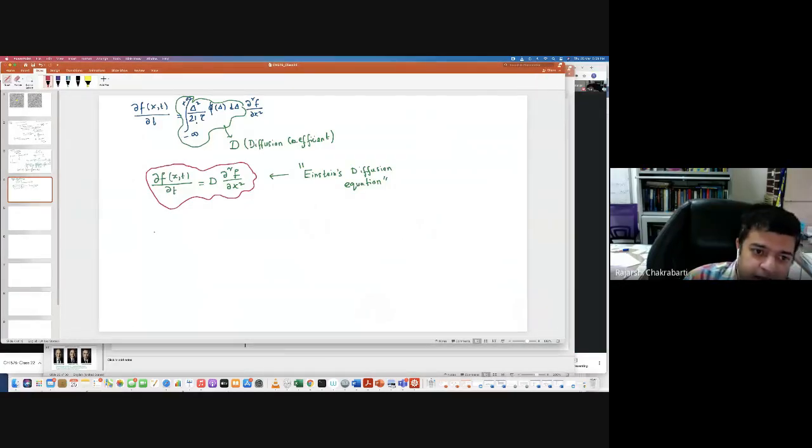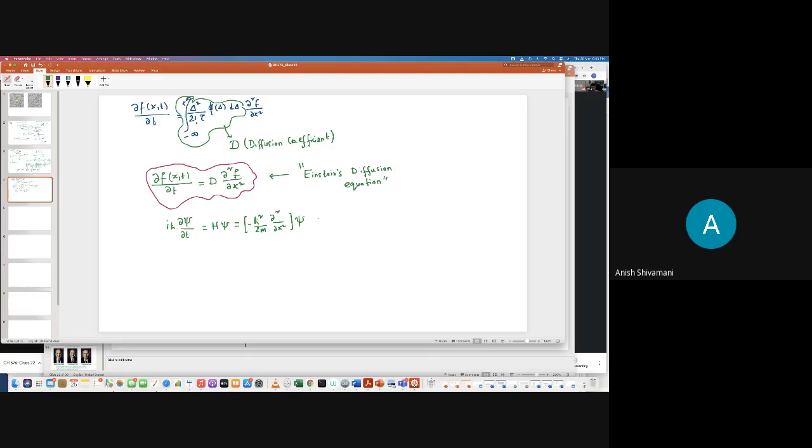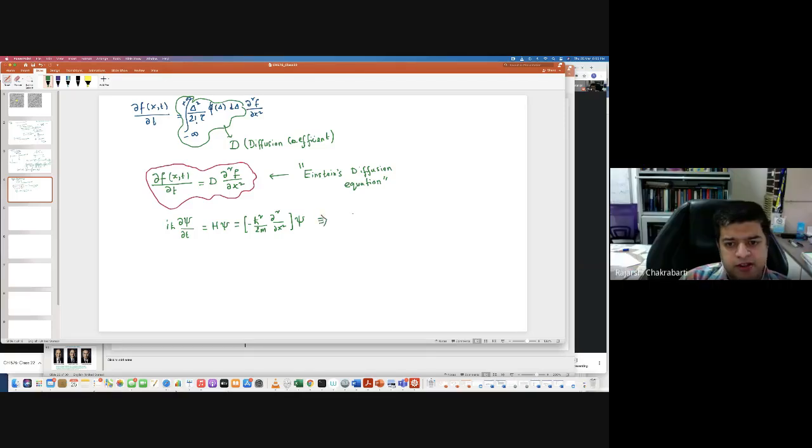Now I write down another equation. Do you know this equation? So can I just write it like this?